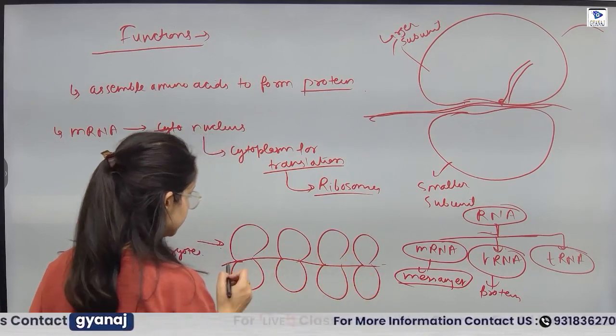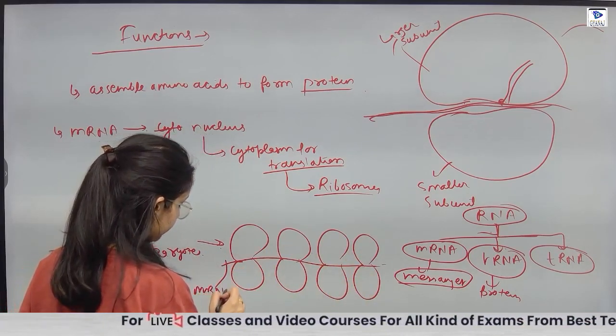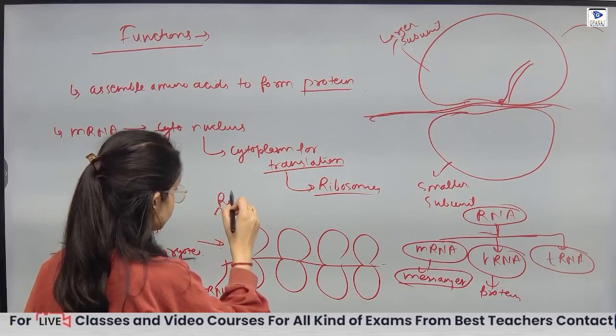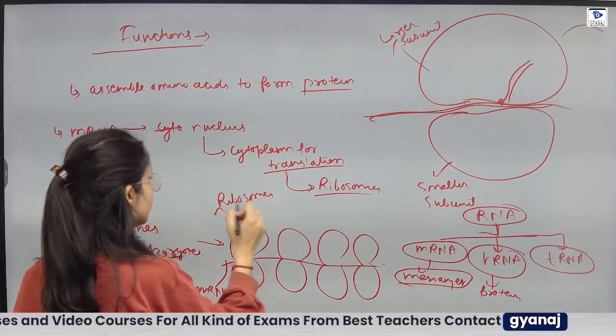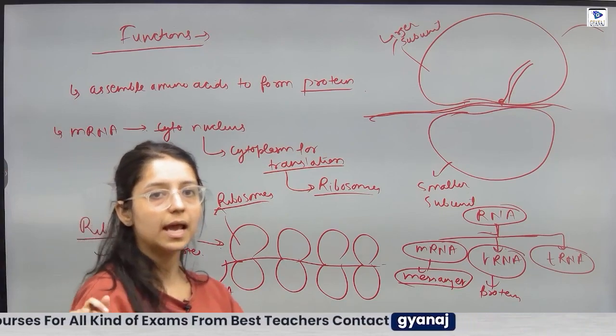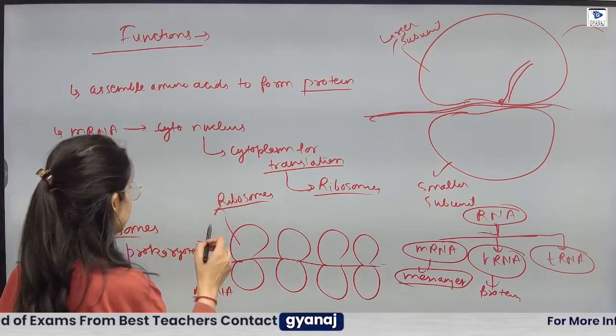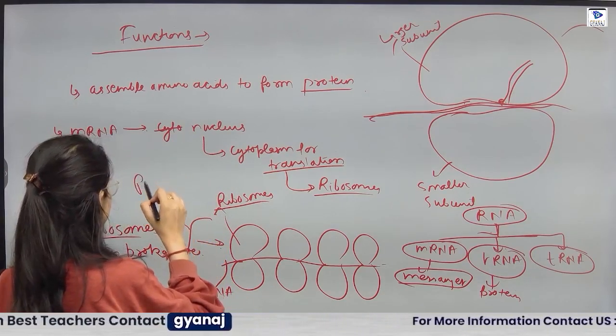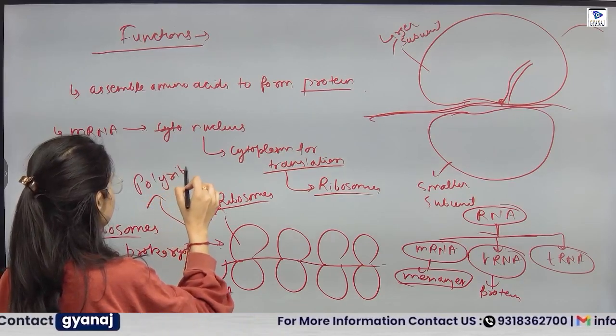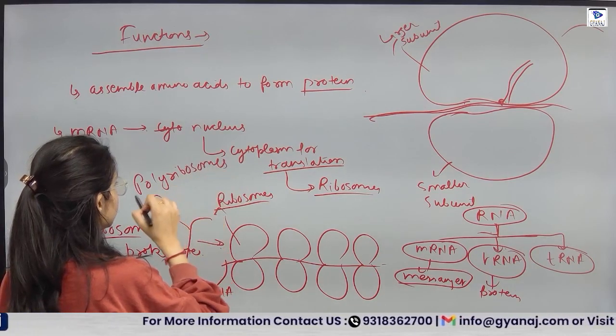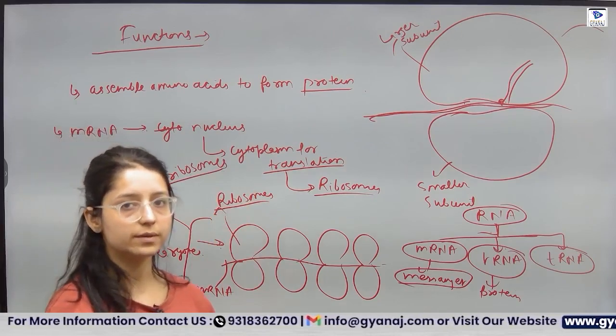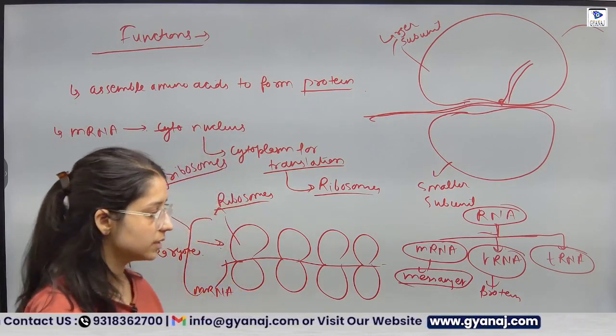This chain is the mRNA, and these are the ribosomes. A lot of ribosomes attached to a single mRNA is known as polyribosomes. What is that? Polyribosomes. But in eukaryotes, only one type of protein is synthesized at one time.